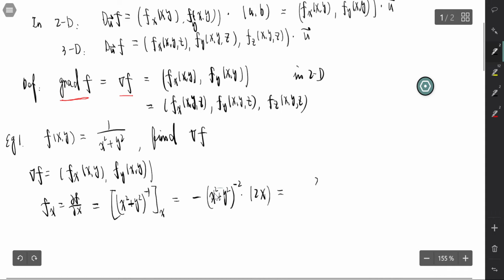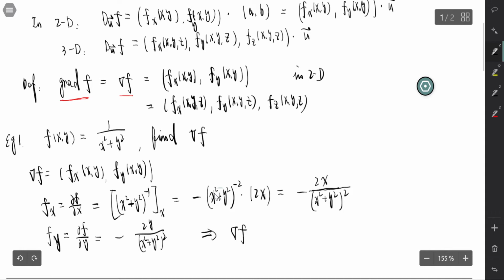So that is negative 2x over (x squared plus y squared) squared. And f_y is symmetric in x and y, so partial f partial y is negative 2y over (x squared plus y squared) squared. So the gradient f is (negative 2x over (x squared plus y squared) squared, negative 2y over (x squared plus y squared) squared). That's the gradient.